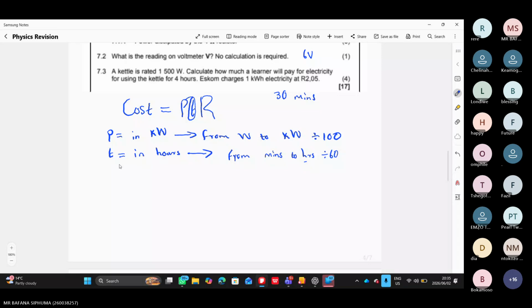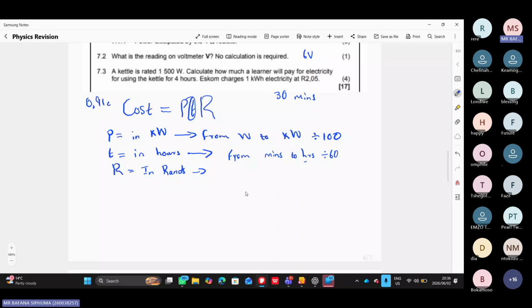Then we have R, which is the rand in rands. The other day, there was a question which came in cent. It was like saying 0.91 cent.